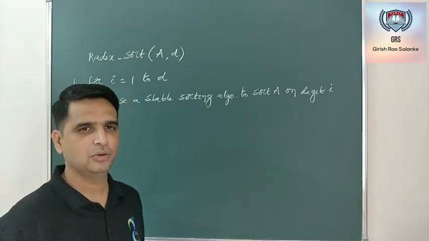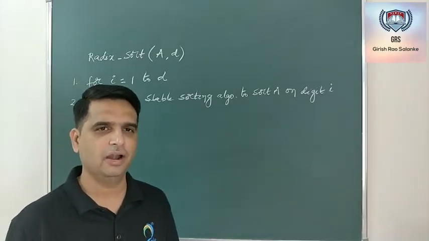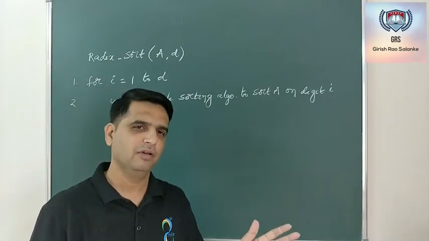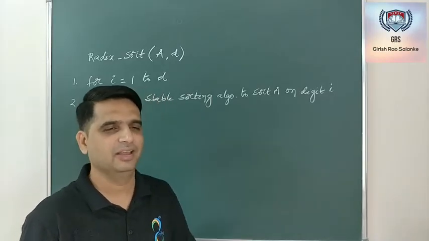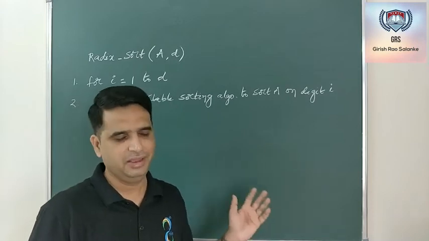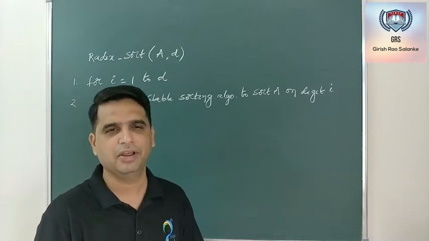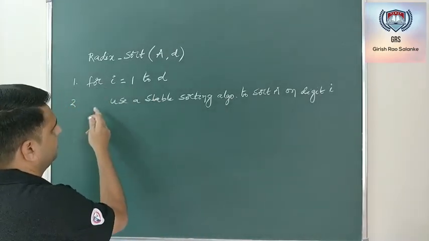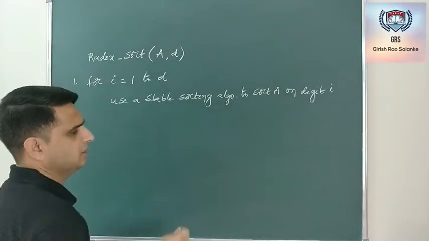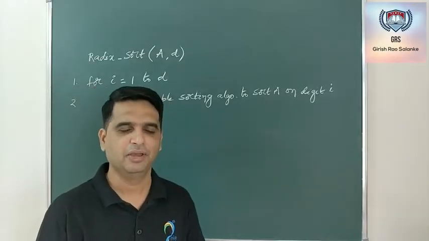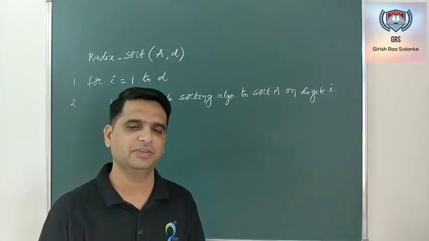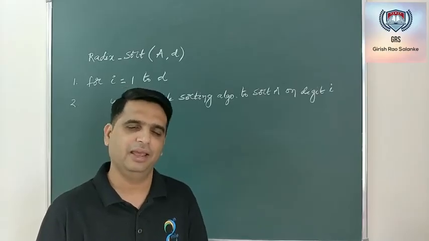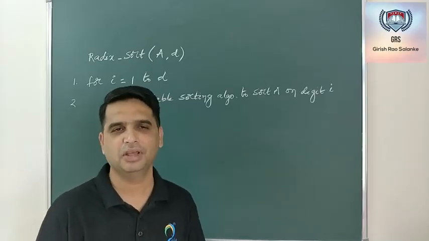Now what we are supposed to do is call counting sort depending upon the value of d. The second step says to use a stable sorting algorithm which should have linear time. The only algorithm we have discussed so far which has linear time is the counting sort algorithm. Hence, I said that we are supposed to use counting sort.